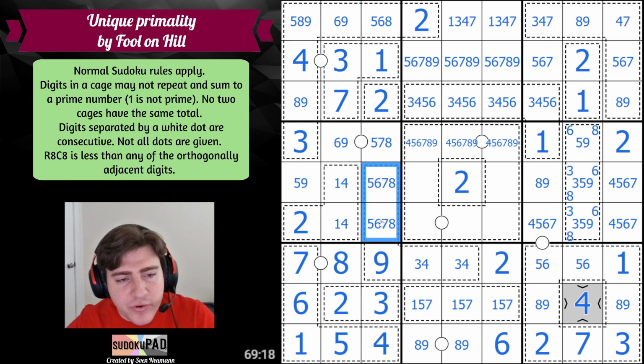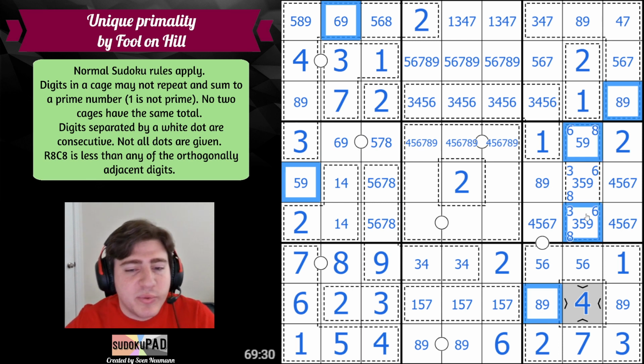In the 7/8 version, 5, 6, 9, 9. This is 9. This is 9. This would be 8, so one of these two would have to be 9. And that's fine.